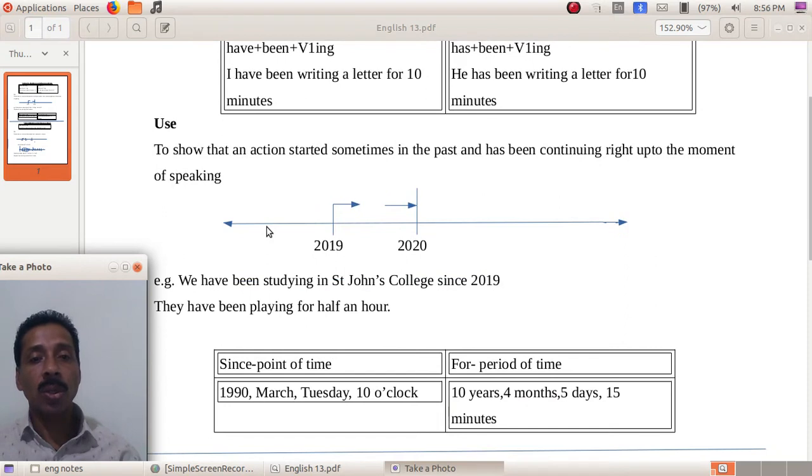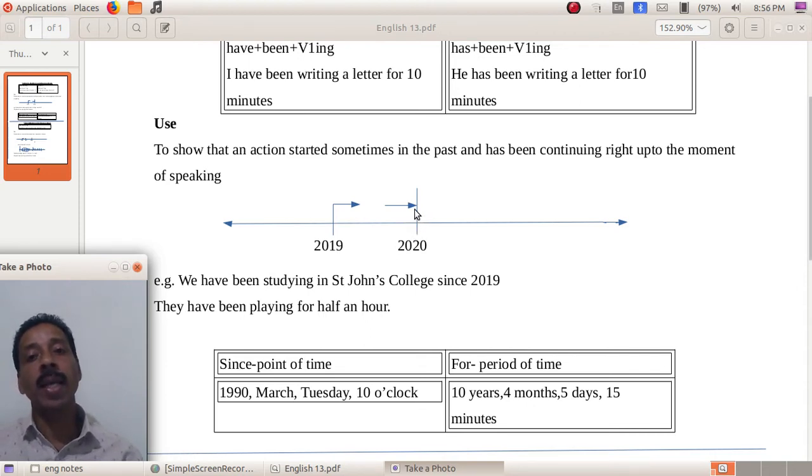Okay, so look at the line given here. I think you can understand, as we have learned while we discussed tense, this line represents time, and this is 2020, that is the present time.